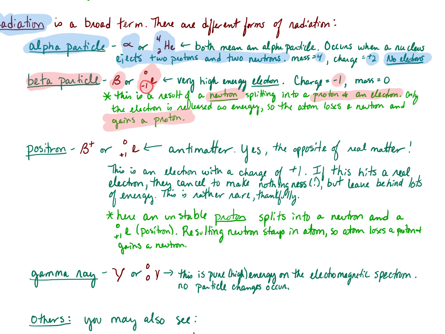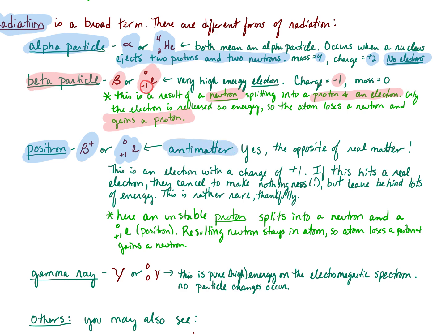Okay, these must seem strange when you first think about it. The next is a positron. This is rarely seen, but it happens. We call this beta plus. We would designate that as a 0 on top, e with a +1 on the bottom, which means that would be a positively charged electron. This is what we refer to as antimatter.